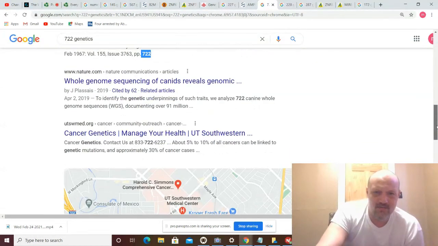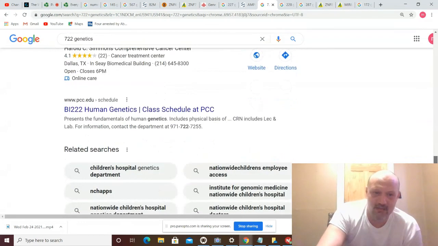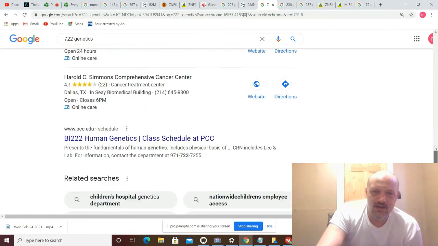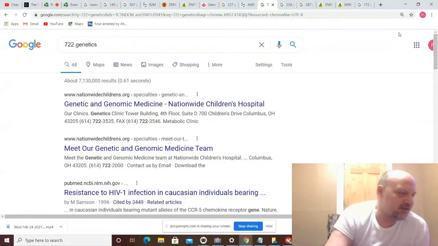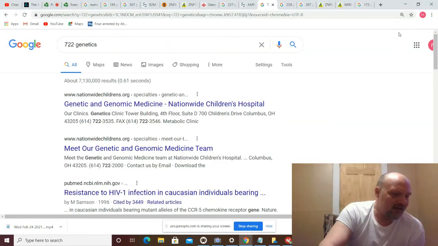So we could go on. Cancer genetics, and here this is part of a phone number. So that deals with cancer genetics, and we've got that before as well. So you got a few things going on with 722 that they could calculate.